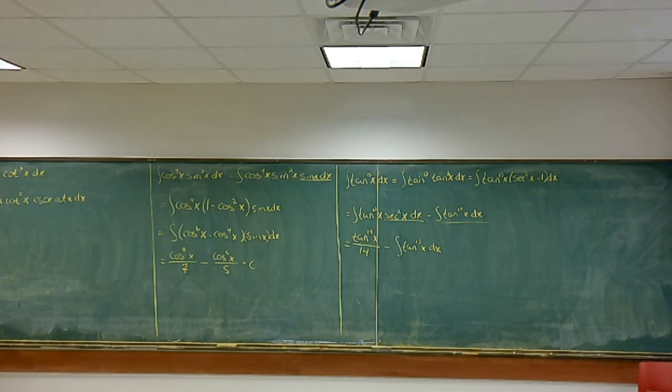Secant and tangent behave similar to cosecant and cotangent. Very sad. Derivative of cosecant is negative cosecant cotangent.